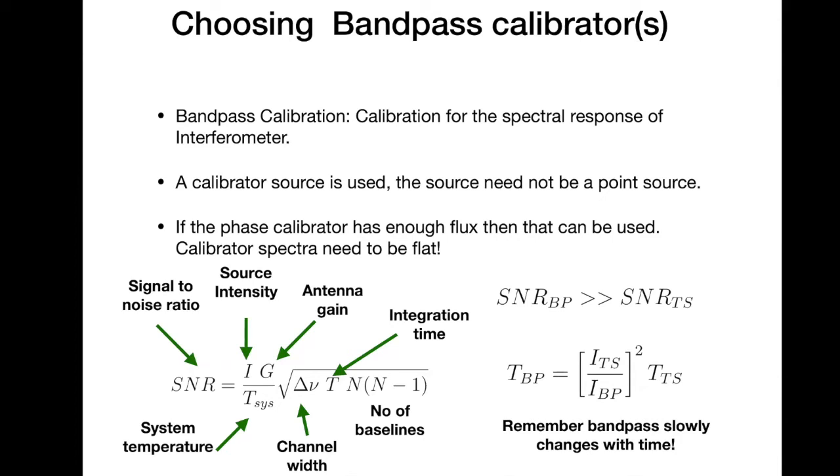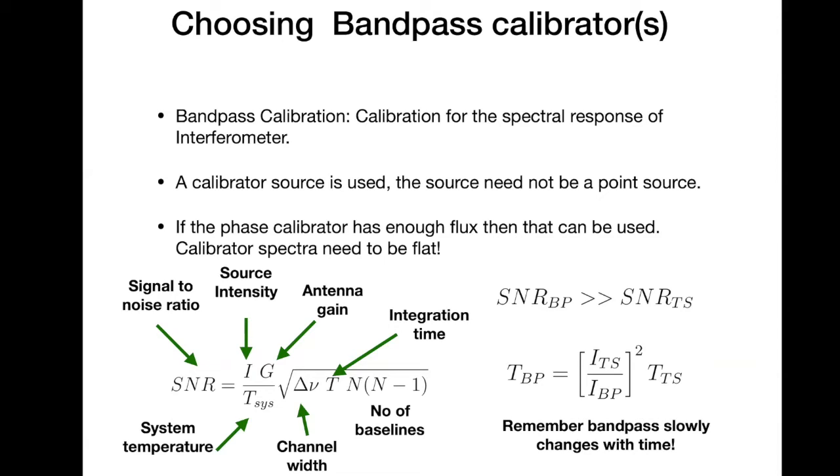But you have to remember, whatever calibrator you choose, you need to know the spectral response of that calibrator very well. And it's a lot better if that spectral response is also flat, with no spectral feature in the signal of the calibrator. This is just like when you're using a point source at the phase center, which doesn't have any baseline dependence.